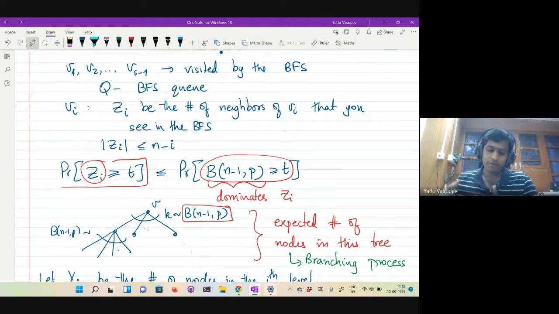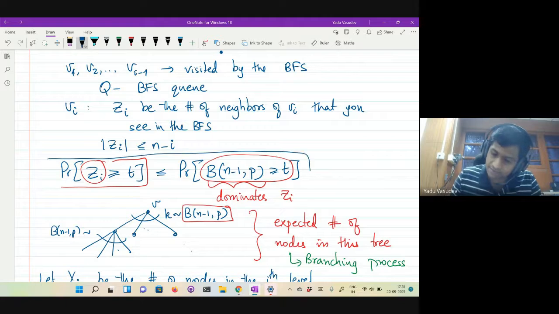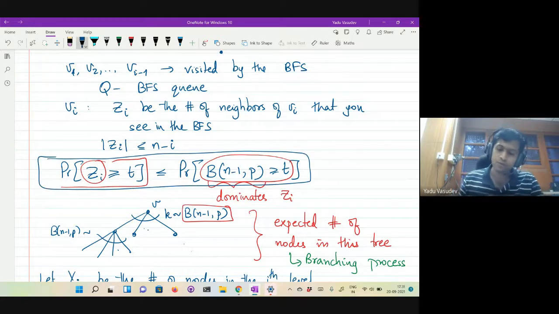And what we want to show is that the probability that the sum of zi is large is bounded by some very small value. And we use this fact again: instead of bounding the probability that the summation of zi is greater than t, we bound the probability that the summation of binomial random variables, with n minus 1 and p, is greater than or equal to t.